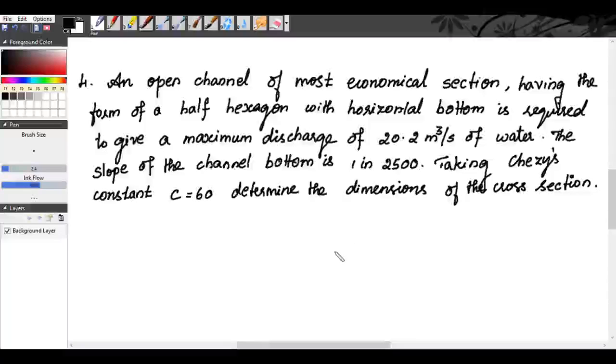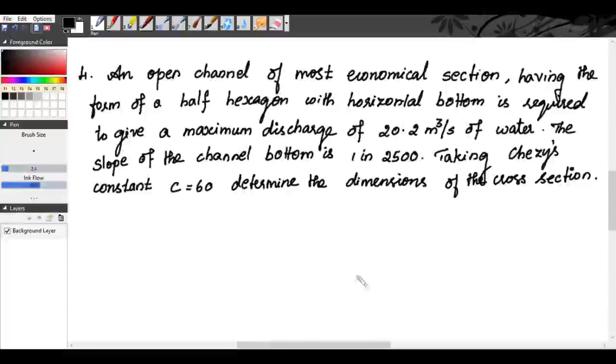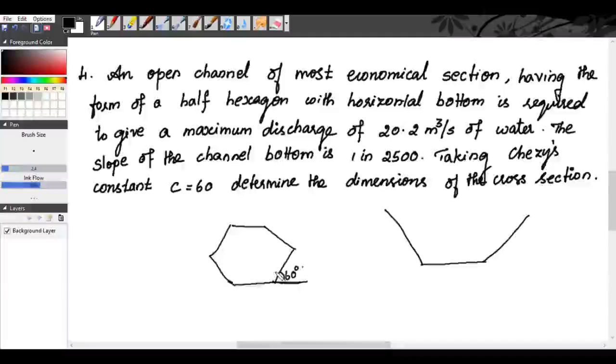You can do this. I will give you only one clue here. This is given as half hexagon, right? You know what a hexagon is. See, this is called a hexagon. That means here every angle will be 60 degree. So the internal angle is 120 and the external angle is 60 degree.